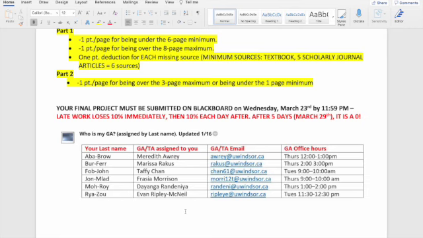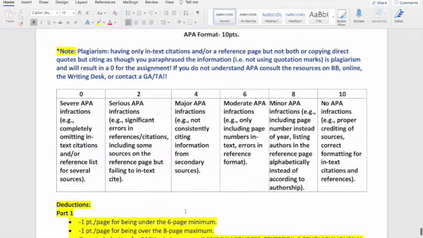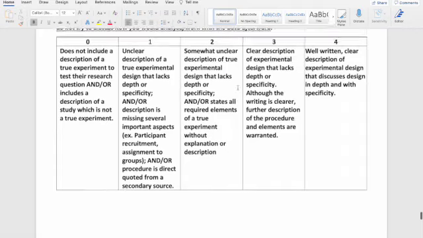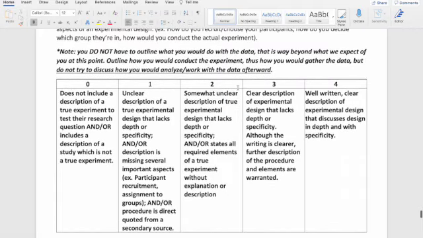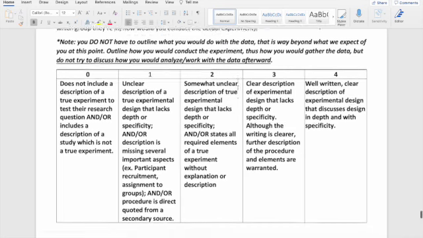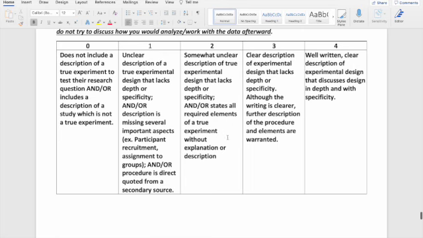Also, take advantage of these instructions and the rubric outlined here. The rubric that you see in the boxes throughout these instructions is the exact same rubric that the GAs use when they're marking the assignment. So keep that in mind and use that to help you know how much detail you need to include when completing the assignment.